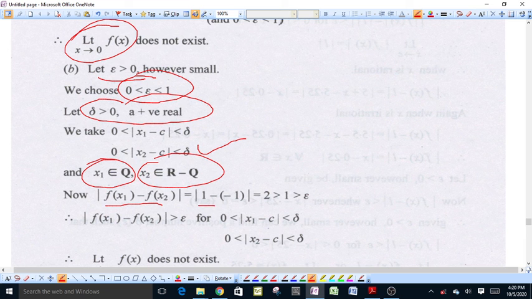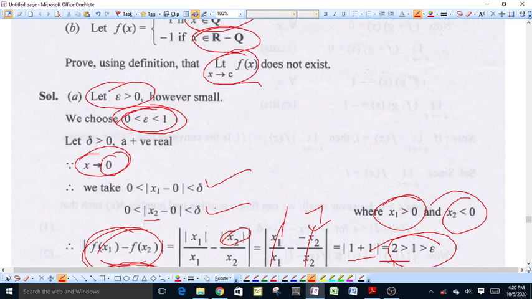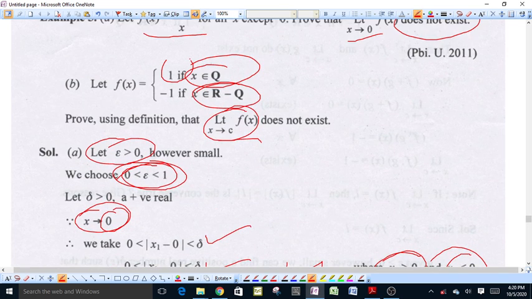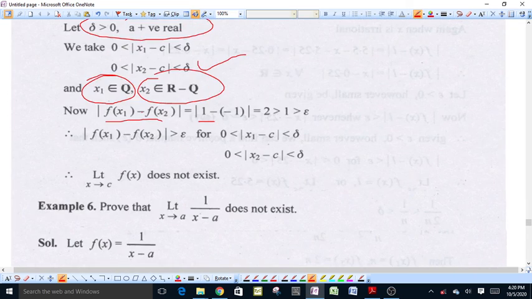For rational x, f(x) is equal to 1, and for irrational x, f(x) is equal to minus 1. Because x1 is rational, f(x1) is equal to 1, and because x2 is irrational, f(x2) is equal to minus 1.